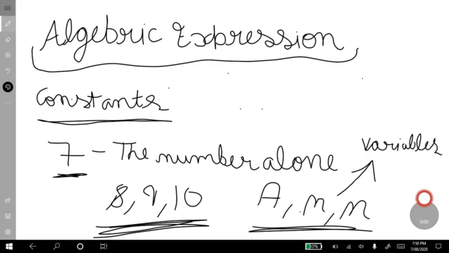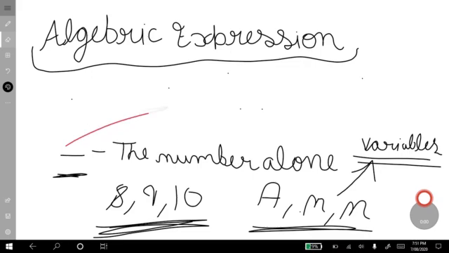Please remember. Some students make mistakes here sometimes. Fill in the blanks types of questions come in the exams, and they write that a, m, or any alphabet letter are constants. So let's move on to the next topic.